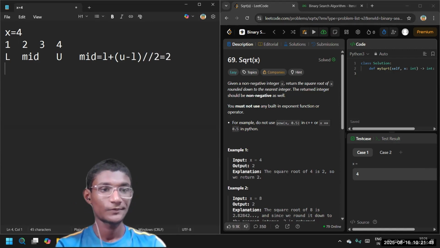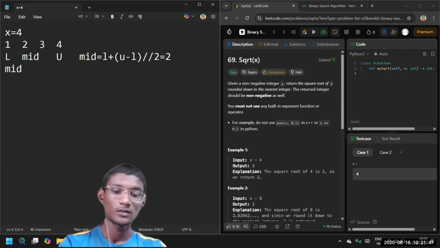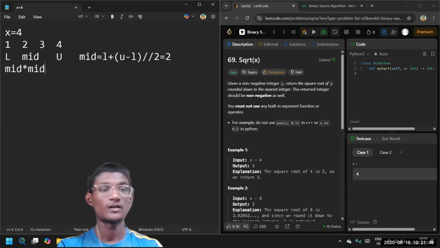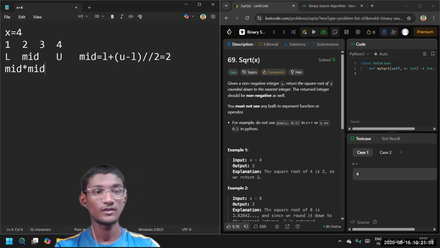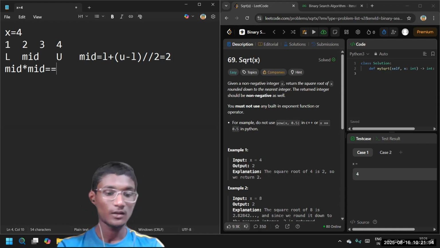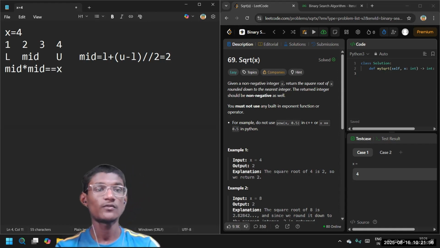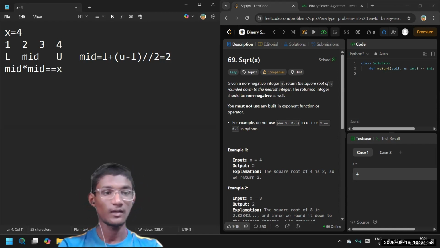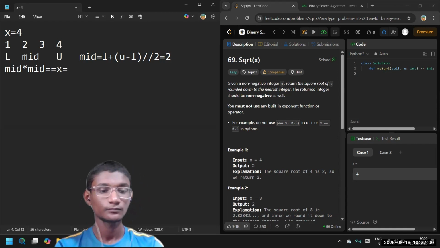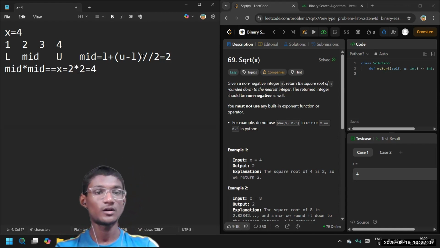In this case, for a square root, the number multiplied by itself should be equal to x. Then only we can say that it is the square root of the number x. Here 2 into 2 is 4, so we got the answer in this one step only.